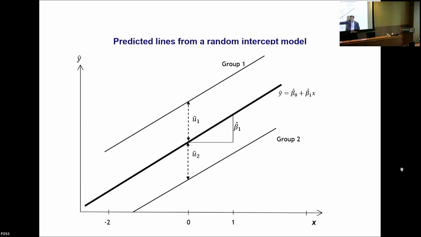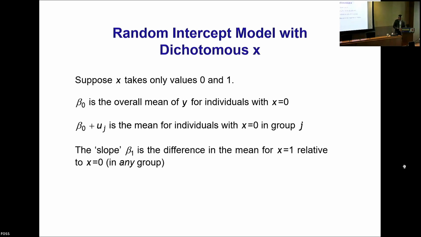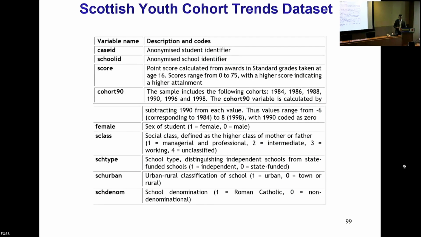We have the overall intercept over here, but also we have a different intercept for each group. So this intercept is a random variable. That's what we're trying to estimate here. So before there was just a single intercept, but now we're estimating different intercepts depending on the group means. So it's called a random intercepts model in multi-level terms.